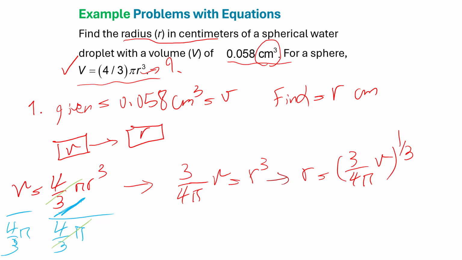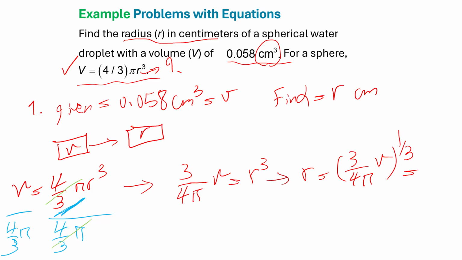If I want to write it in a way that makes sense for you, this was also, let me write it in a different color, R cubed to the power of 1/3, and these two cancel out each other and leaves you with R. Okay, and the other side should go to the power of 1/3. And if you don't know how to perform that calculation in your calculator, please reach out to me. I can show you how you can do it, and it's totally fine.